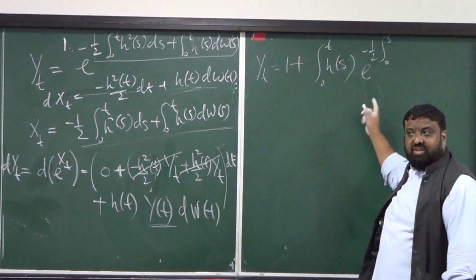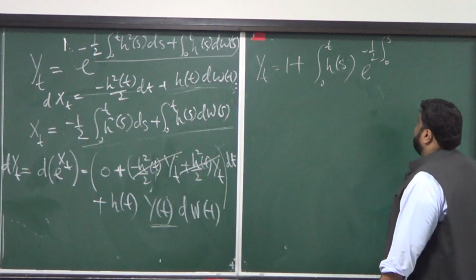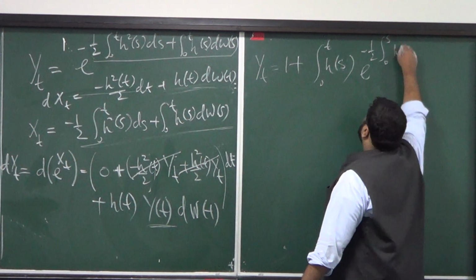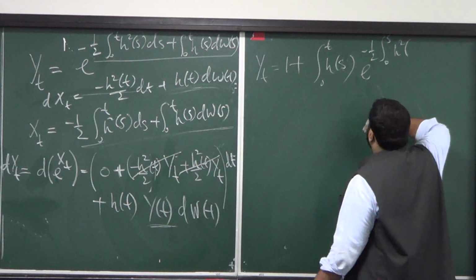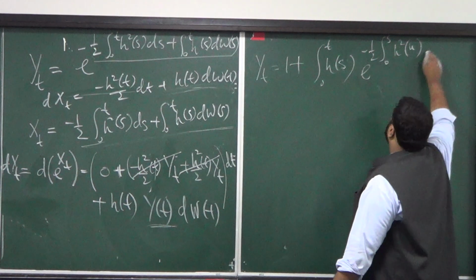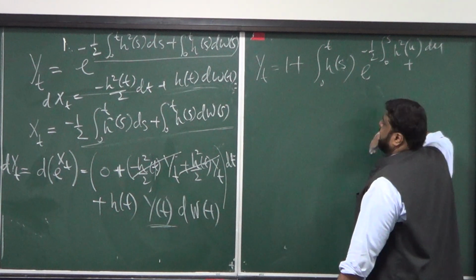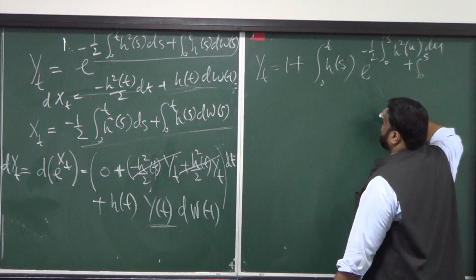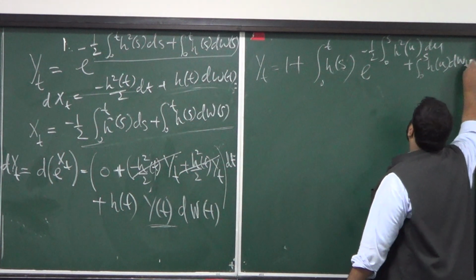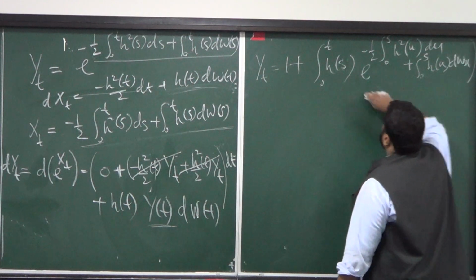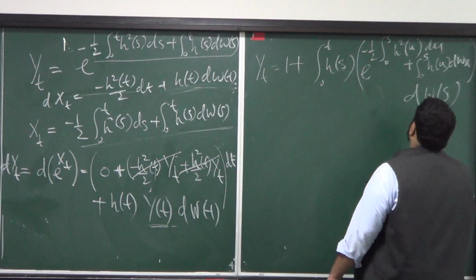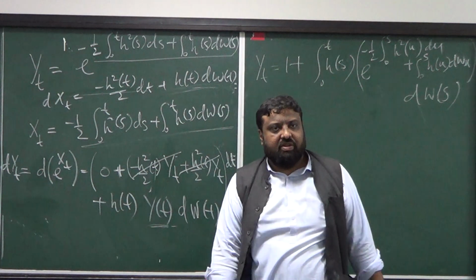Okay, because you want this expression to be a function of s. 0 to s, and h is square of some other variable, say, u, du plus 0 to s, and h of u, dw u. So this is my y of t and dws. Okay.